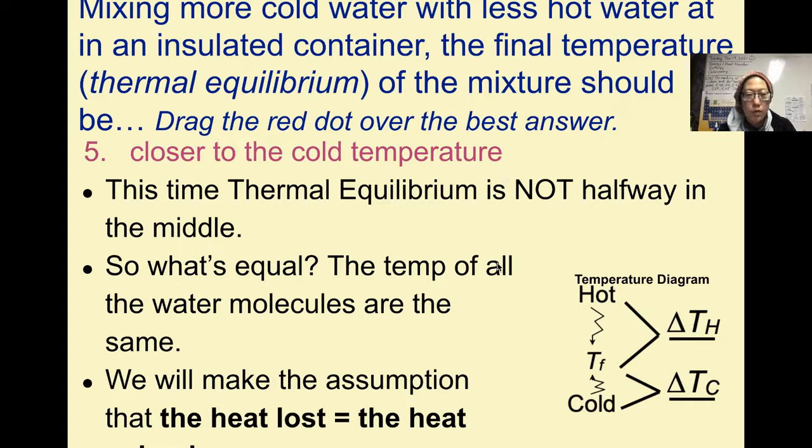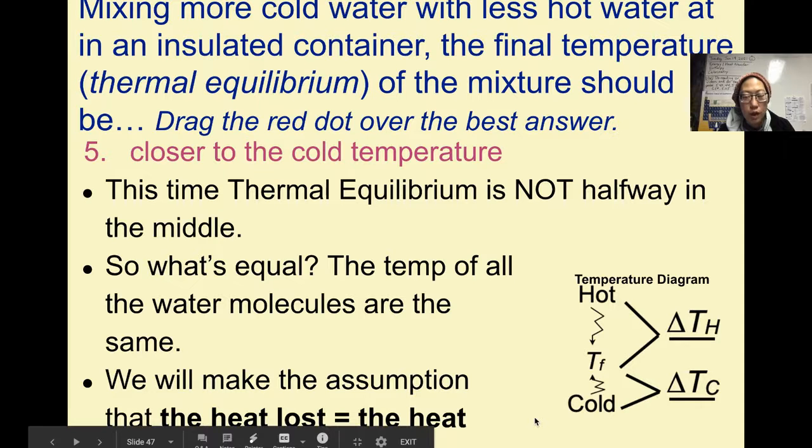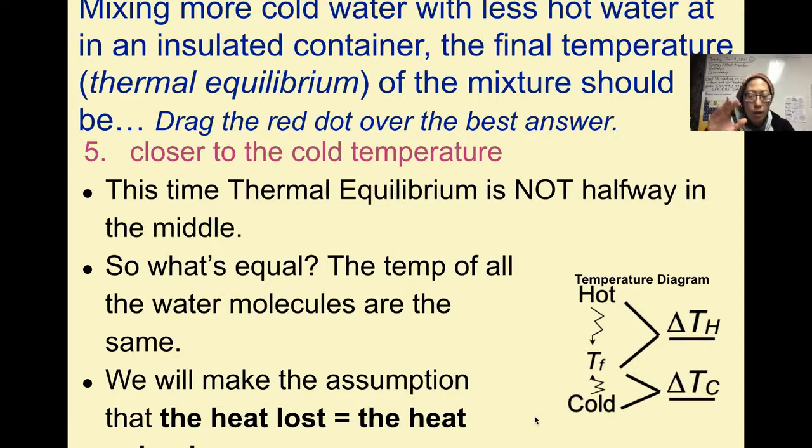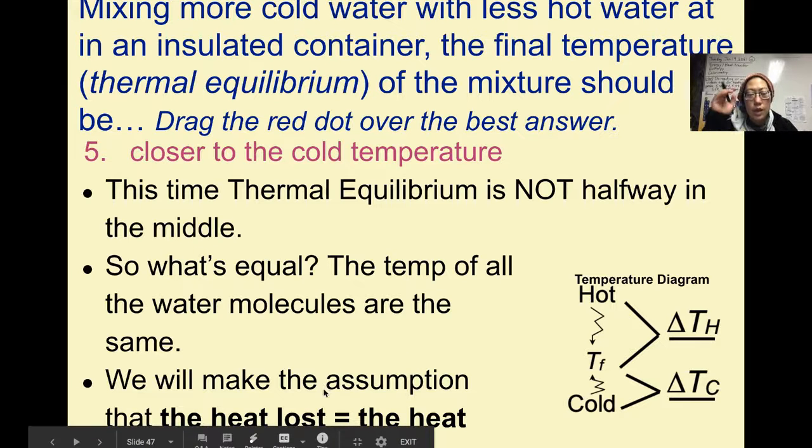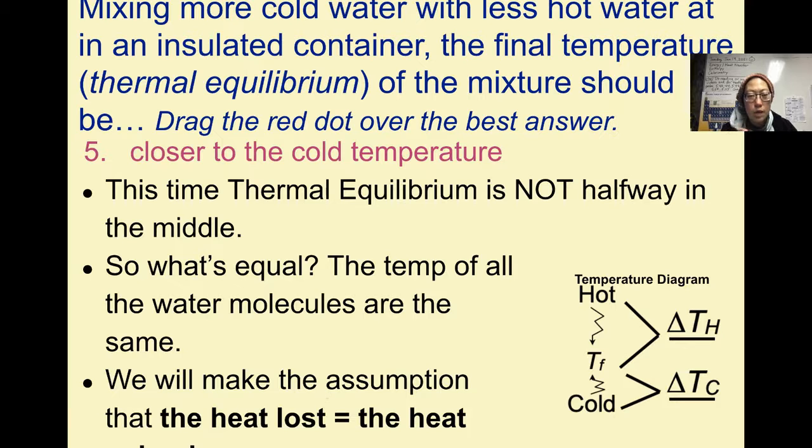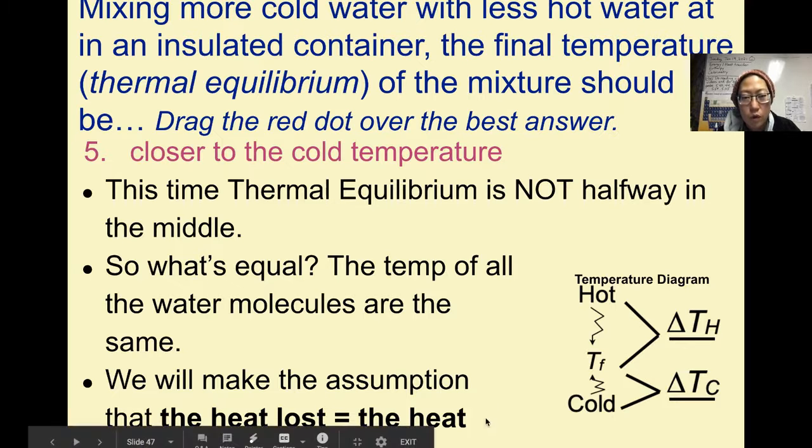Because we've got less hot water, and the temperature that it ends up at is going to depend on the mass of the water as well, not just the temperatures that they're at. So the temperature is all the same at thermal equilibrium, and we need to assume that the heat lost by the hot water is equal to the heat gained by the cold water.